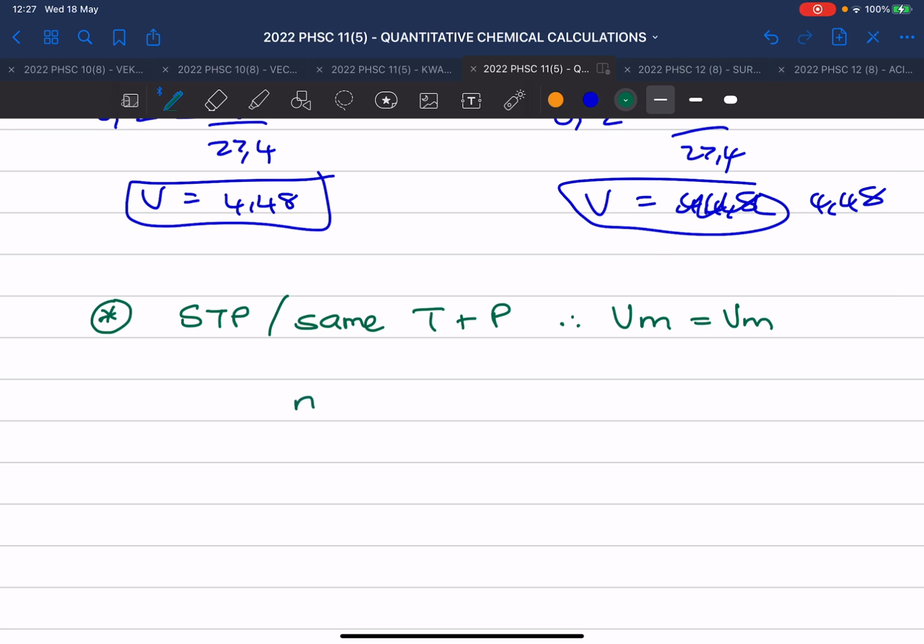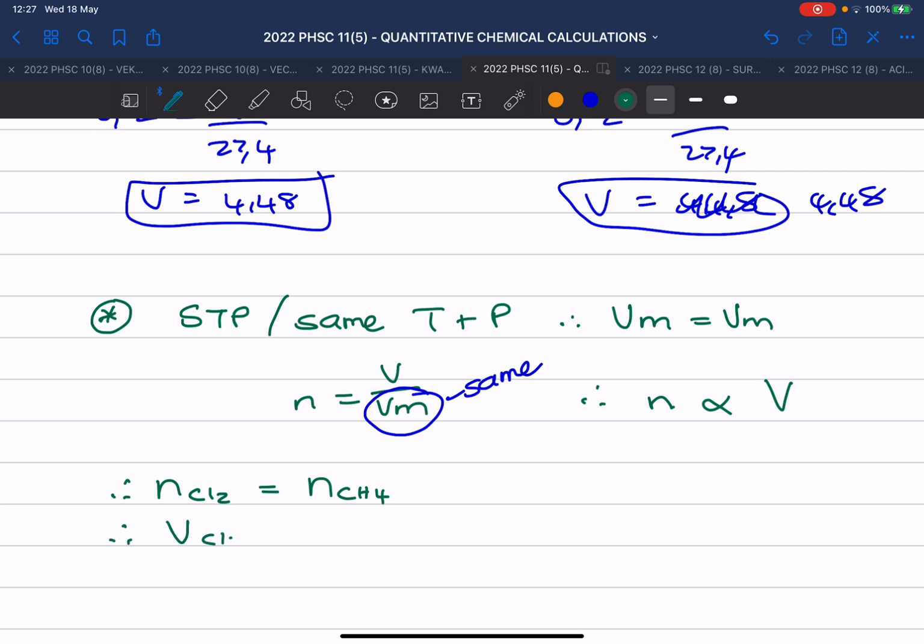Then according to this formula here, if this is the same for both of them, then you must understand that the mole is directly proportional to the volume. Directly proportional means if the one gets bigger, the other one gets bigger. If the one gets smaller, the other one gets smaller. So since the mole of chlorine is equal to the mole of methane, it means the volume of chlorine will equal the volume of methane.